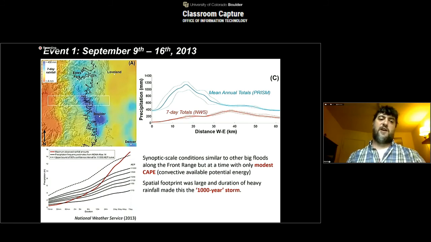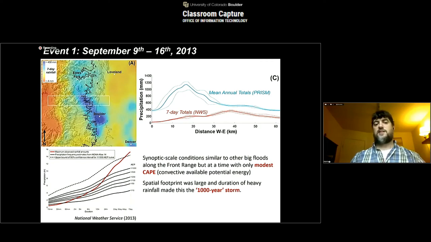And then they've plotted the precipitation magnitudes in inches on the y-axis. They show these contours for what the 10-year event, 50-year event, 100-year event, 200-year event, 500-year event, and 1,000-year event are estimated to be. And then it shows what the properties and characteristics of that 2013 event were.